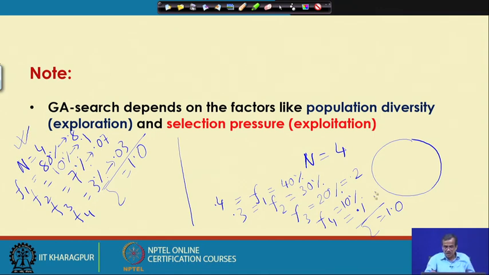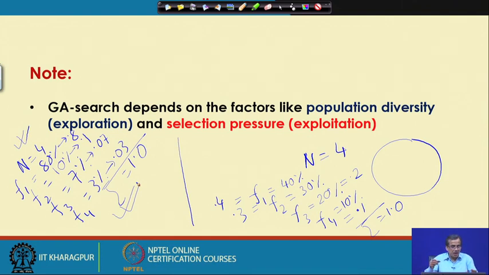But if I see this other scenario, here once again the population size is 4, but the scenario is slightly different. For the first string the probability is 0.4, second string 0.3, third string 0.2, fourth 0.1. Here the chance of premature convergence will be less, but in the previous one the chance of premature convergence will be more.